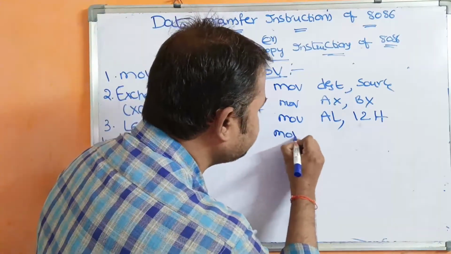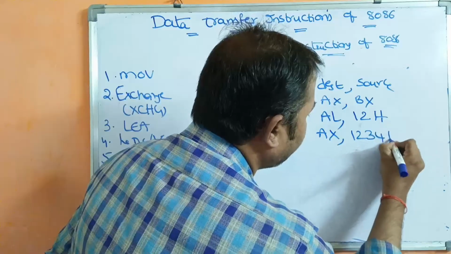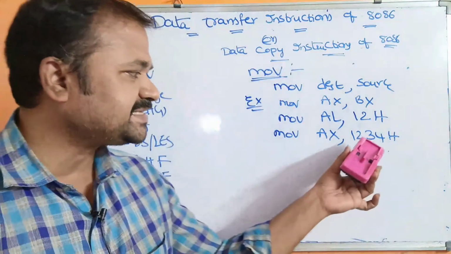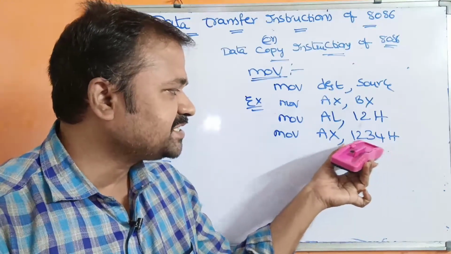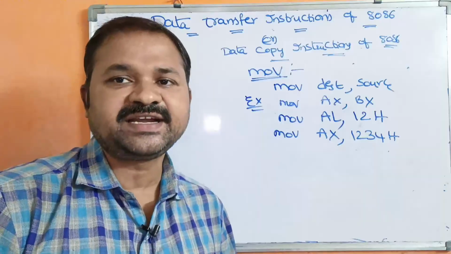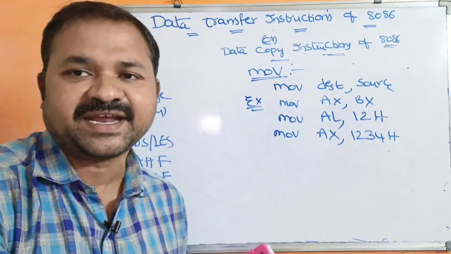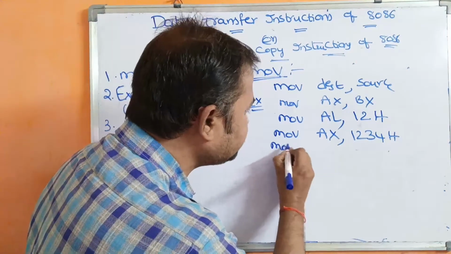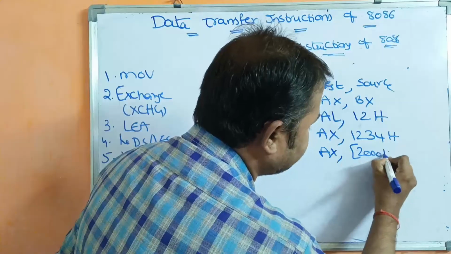Now let us see one more example. MOV AX, 1234H. Here this is immediate data. Whenever the statement is executed, 1234 will be moved to the AX. Now AX contains 1234. Whereas if you place the operand in square brackets, then it will become an address.